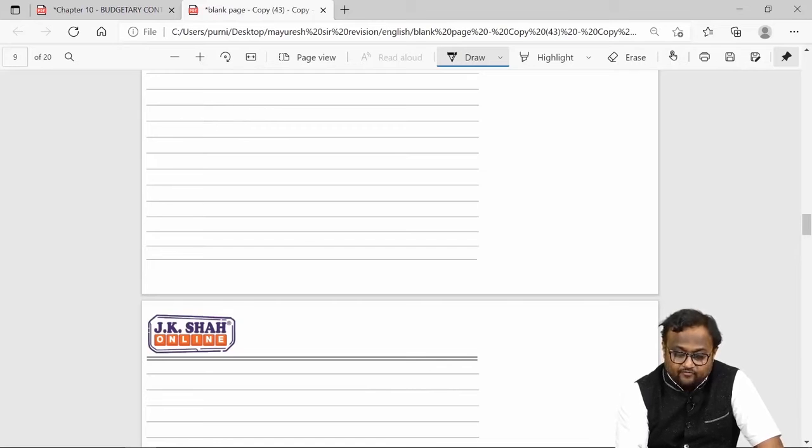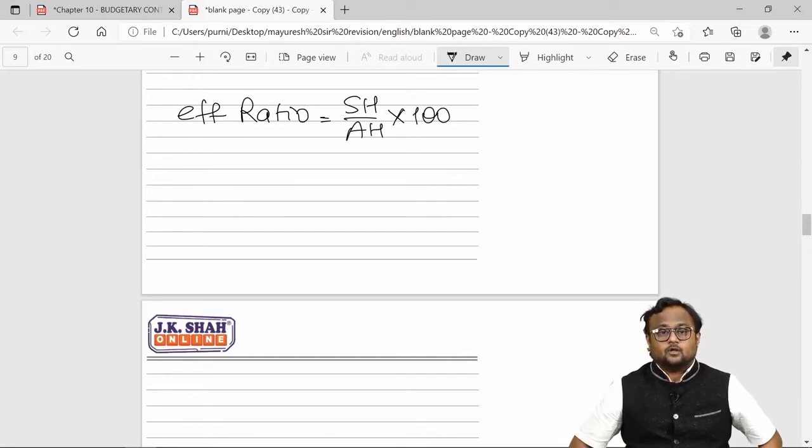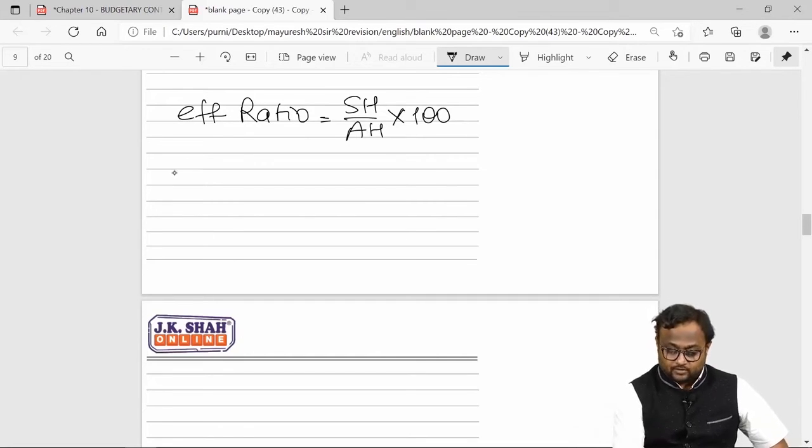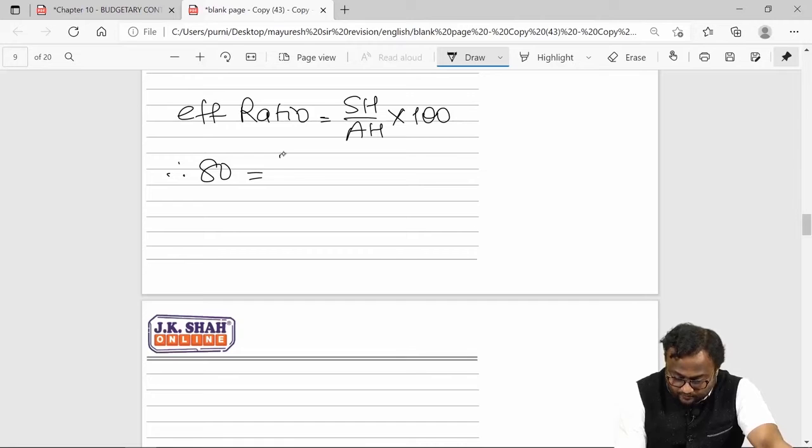You will be having information about standard hours, and the question says your efficiency ratio is 80%. Now, whenever you calculate efficiency ratio based on standard hours or actual hours, it is standard hours upon actual hours into 100. So, if it is 80, and if you already have standard hours with you, like if you recollect, you must be having solution.